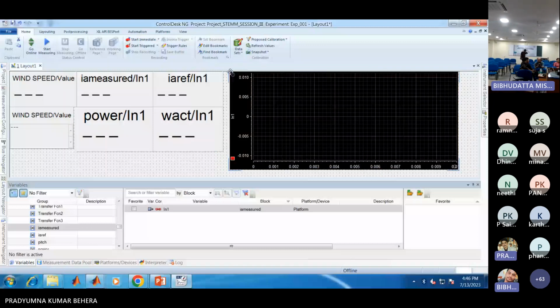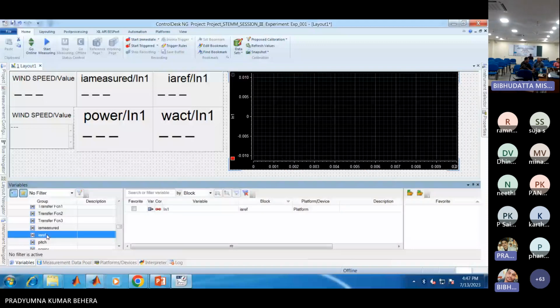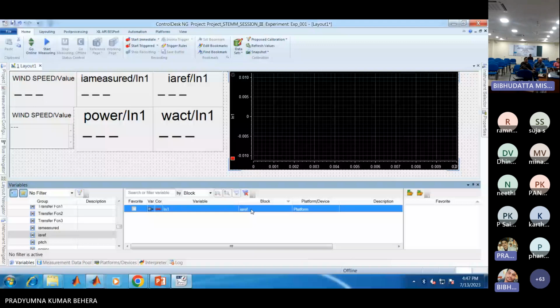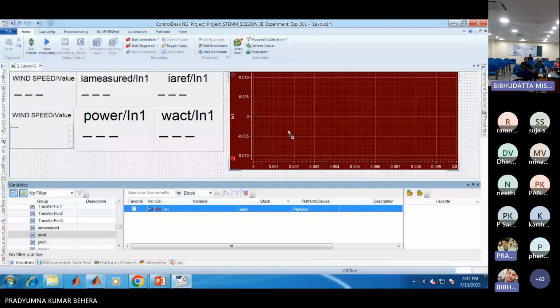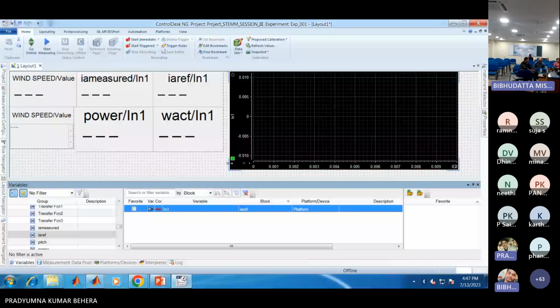Here, first of all, I will bring the armature reference current over here. You can see that we have two sets of data that will be shown here. One is red, that one is the armature measured current, and the green one is the reference current.